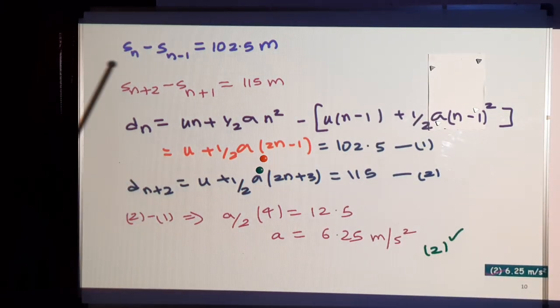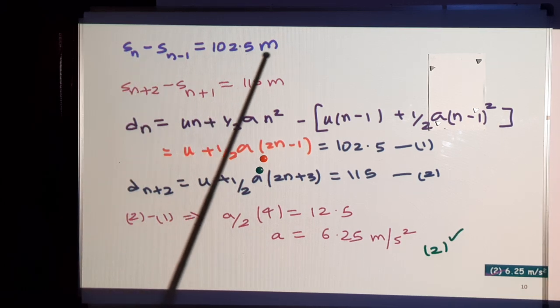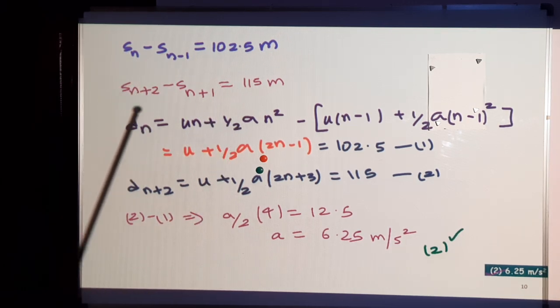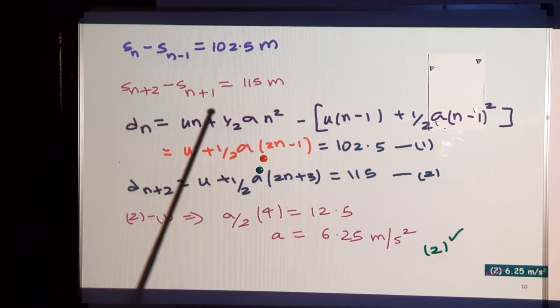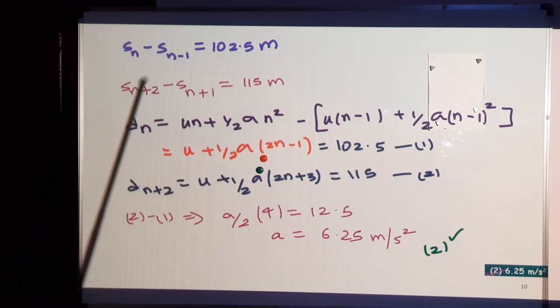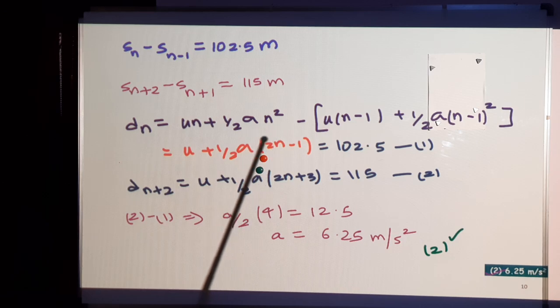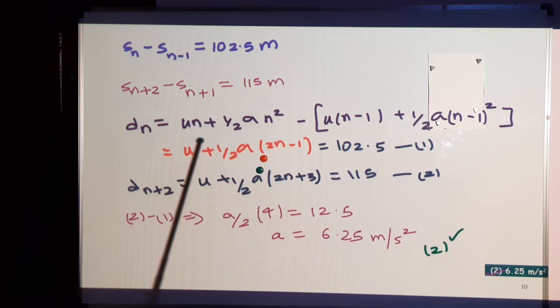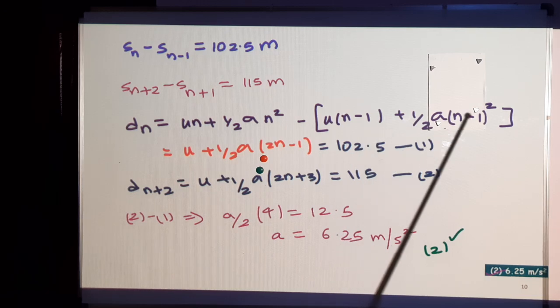This is what I explained here. Distance traveled in nth second is distance traveled in n seconds minus distance traveled in n minus 1 second, that is 102.5. It's given in the question. Distance traveled in n plus 2 second is distance traveled in n plus 2 seconds minus distance traveled in n plus 1 second. That is 115.5. So if you put this, you get the formula for distance traveled in nth second: un plus half a n square minus u into n minus 1 plus half a n minus 1 square.